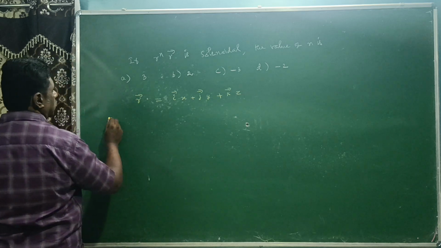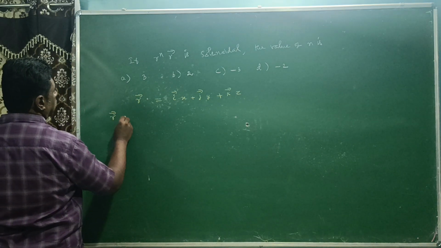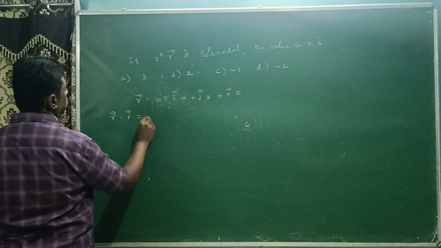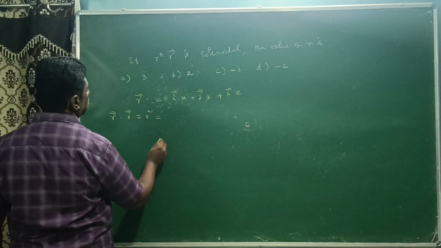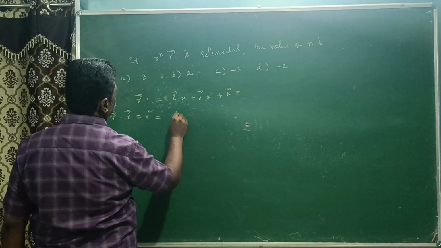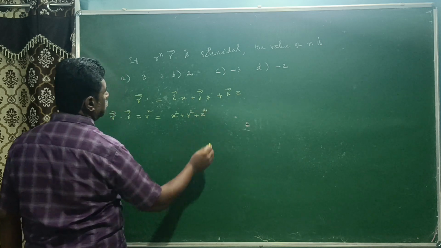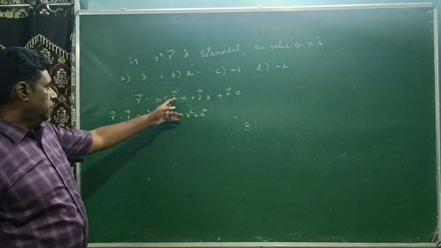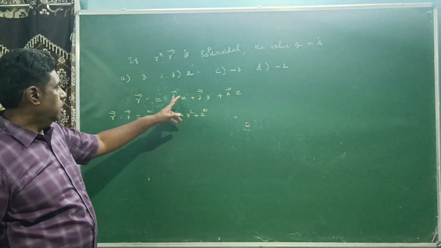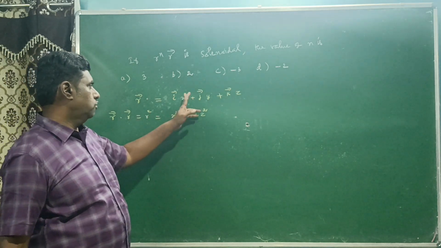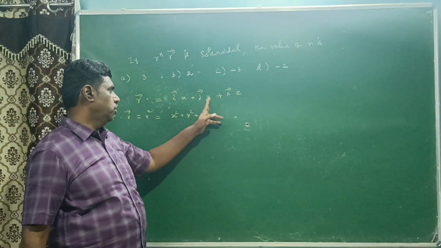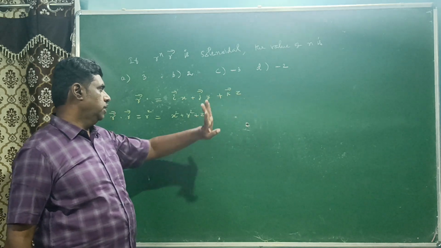Then vector r dot vector r is equal to r square, which is x square plus y square plus z square. If you take the dot product, i dot i is 1, so x into x square, j dot j is 1, so y into y square, k dot k is 1, so z into z square.